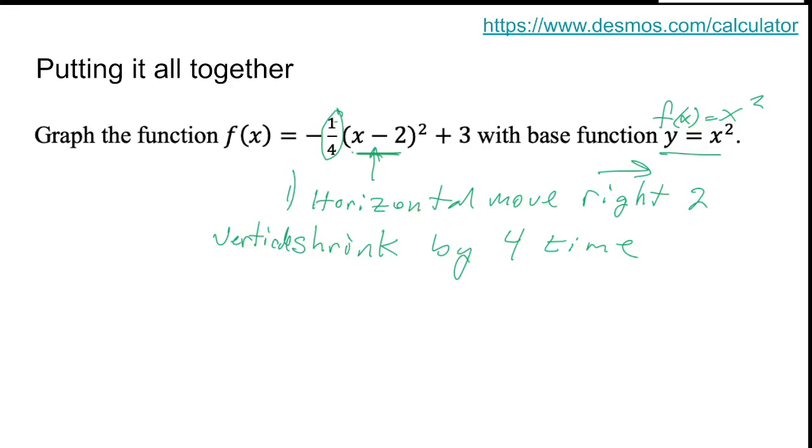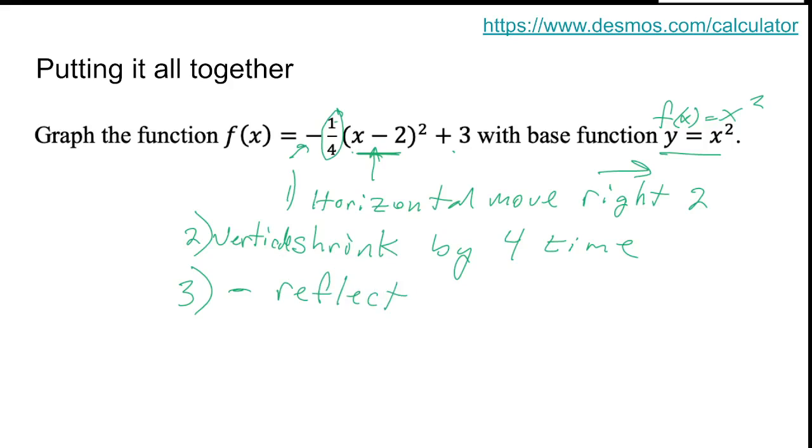So we've got the first step, second step, and then in order of operations, the next thing that's happening is negation right here. So then I'm going to reflect. I think this all works. Again, sometimes that's where the problem is: do I reflect before or after I add the 3? Try this following order of operations. So the negative is on the outside, so it's going to reflect.